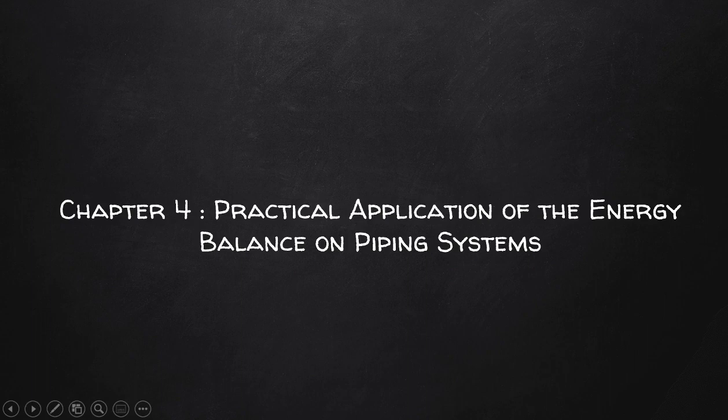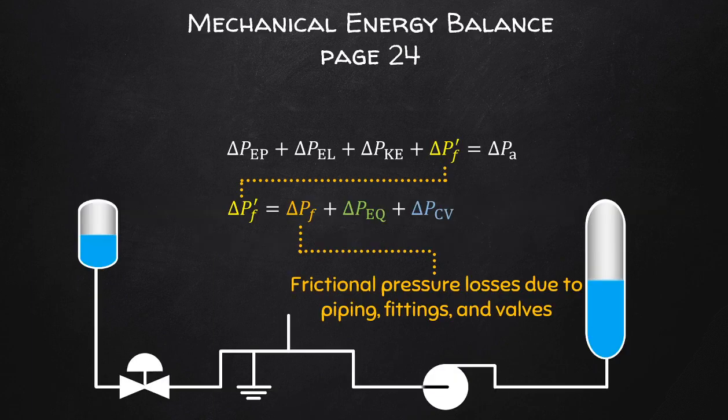All right. So this marks the end of our discussion on the basics of dynamics of pipe flow. Next up, we will take a look at how we apply this knowledge in piping systems. The first three terms that we were introduced to in the mechanical energy balance are quite trivial in their determination, and often for turbulent flows, the kinetic energy term is dwarfed by the other terms, such that we will typically take this effect to be negligible.